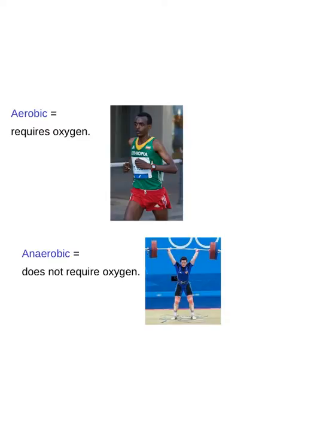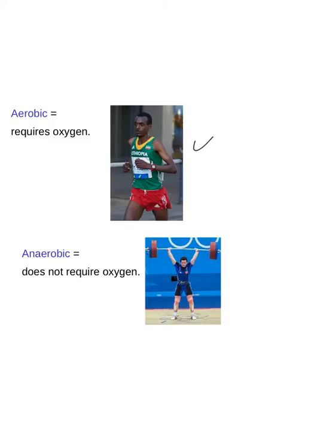Now, before we get into describing the actual processes involved with cellular respiration, two important terms. Aerobic sounds like air, right? That refers to any reaction which requires oxygen. This gentleman here is performing an activity that requires oxygen and oxygen balance to keep him going. Its counterpart, anaerobic, means the process does not require oxygen directly.